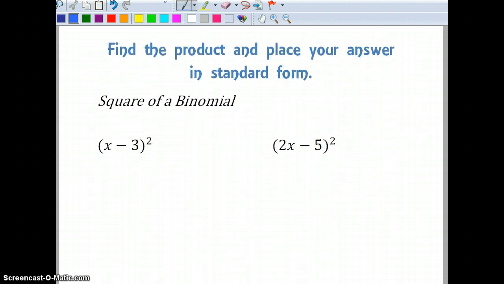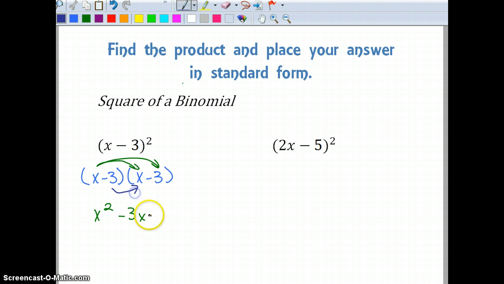Last one. Now we're going to find the product. We've got a square of a binomial again, except this time we have minus. Going to work exactly the same way. I have x minus 3 times x minus 3. So x times x gives me x squared. X times negative 3 gives me negative 3x.